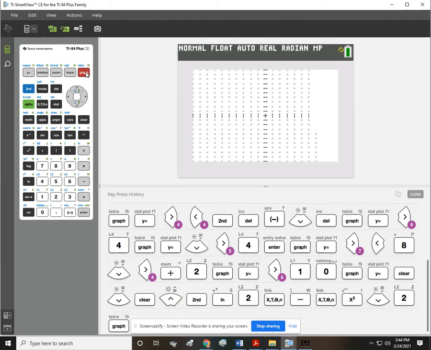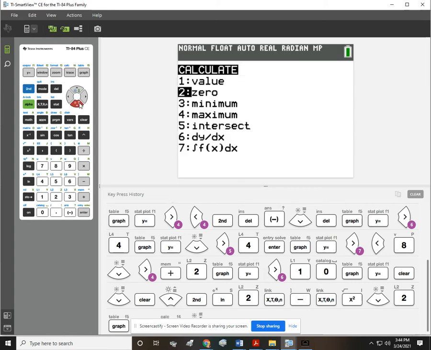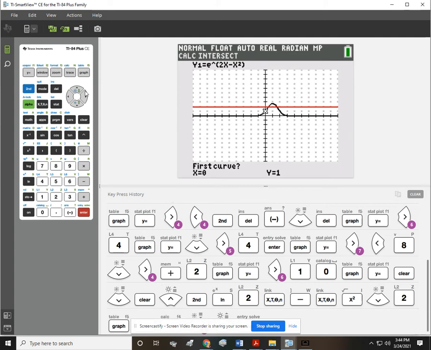And just take a look at the graph. There we go. And what we want to know is where they intersect. So second trace, number 5. All right, so we get kind of close. And then I get that one intersection point is that decimal. So I'm going to show you a little AP exam trick. What you would do is just say A is equal to that decimal.